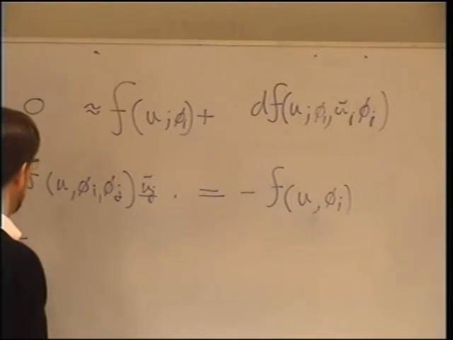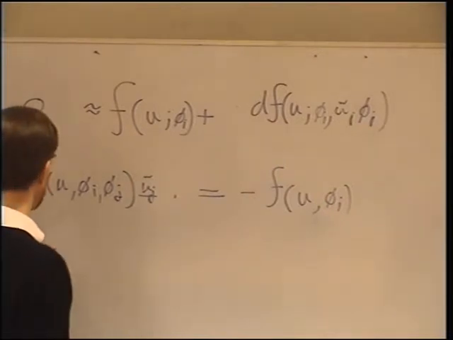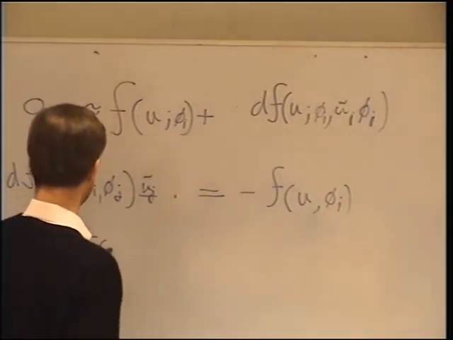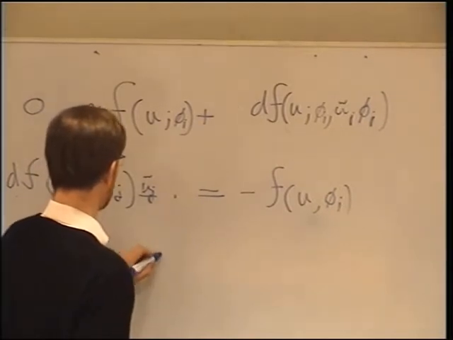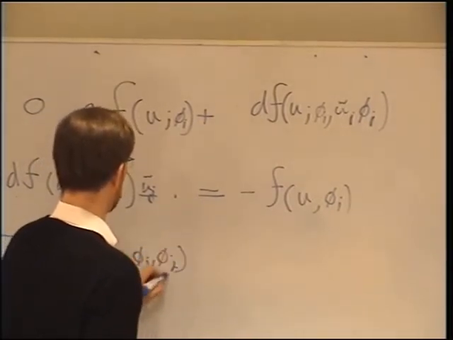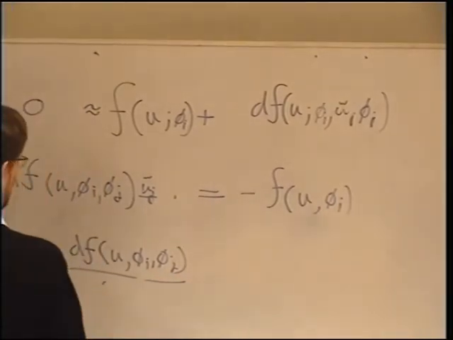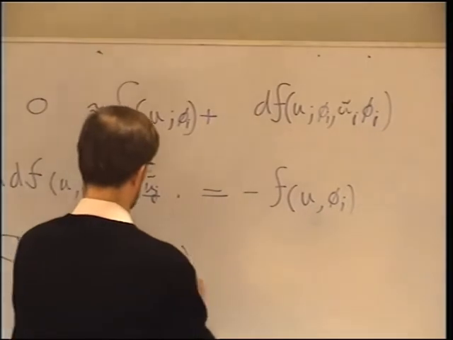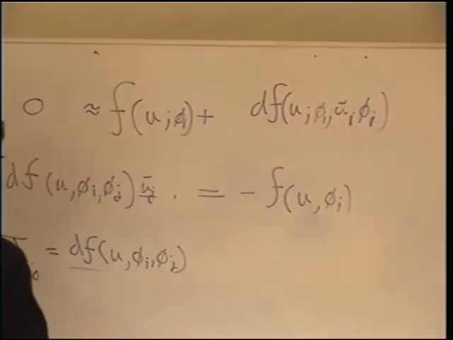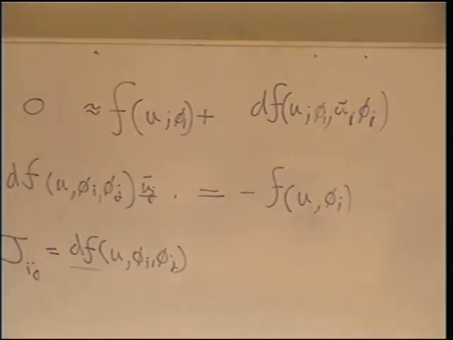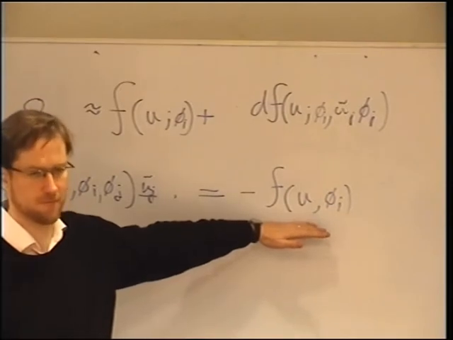J_ij, the ijth entry in J, is equal to D. And this thing over here is a vector for the same reason.